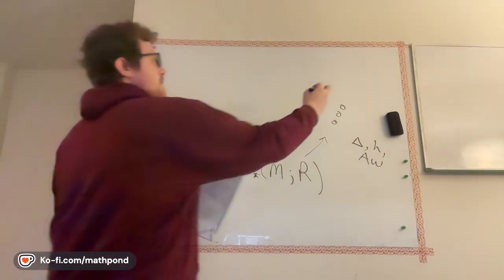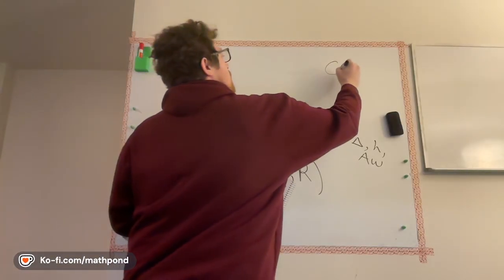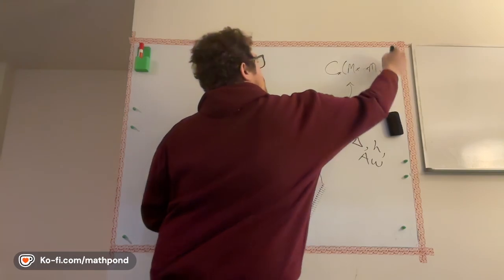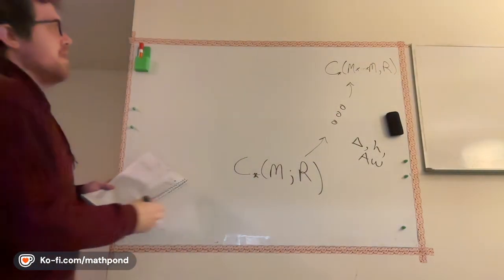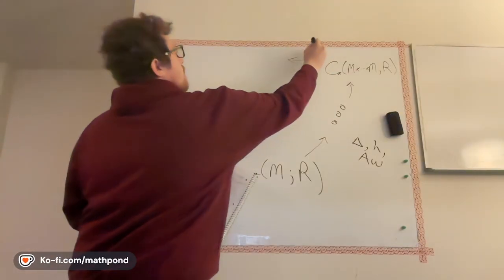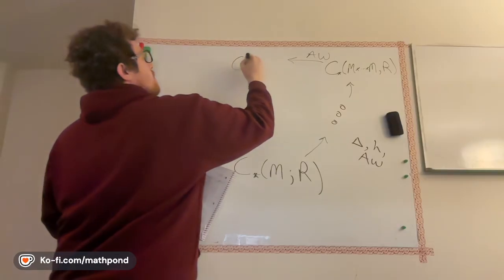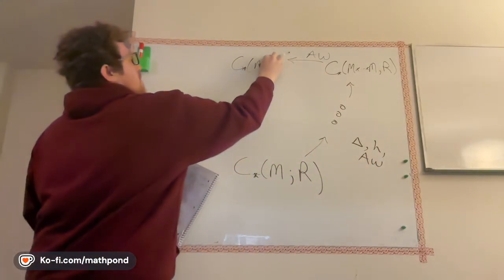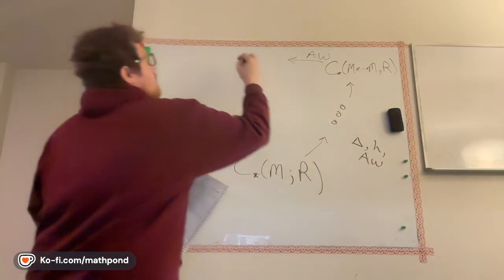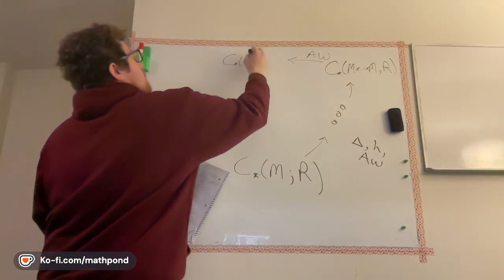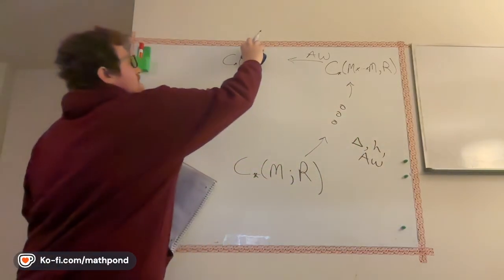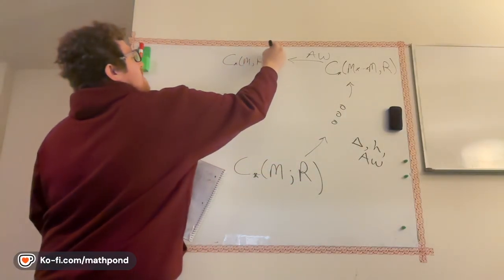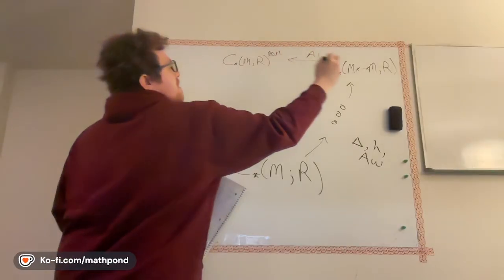Finally, we're going to end up in C star M times M times M, some number of times, and then we'll apply Alexander Whitney at the end to get... I want to be fully proper, so I'm writing the coefficients here, R, even though we probably don't have to write that. Let's say there's n copies here.